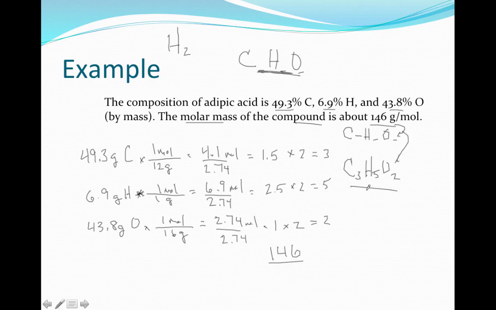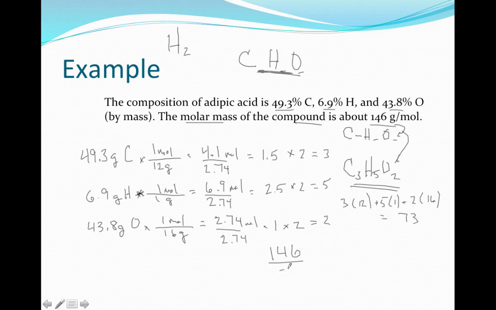So to figure out what that ratio is, what we're going to do is add up the molar mass of the empirical formula. So 3 times 12 plus 5 times 1 plus 2 times 16. When we do that, we get 73.